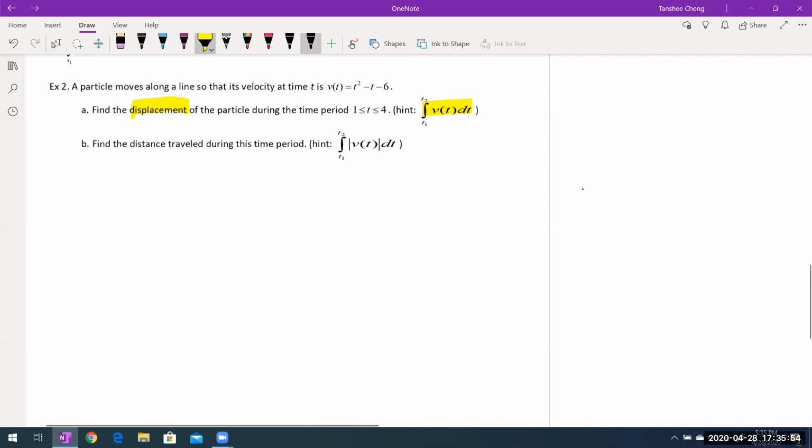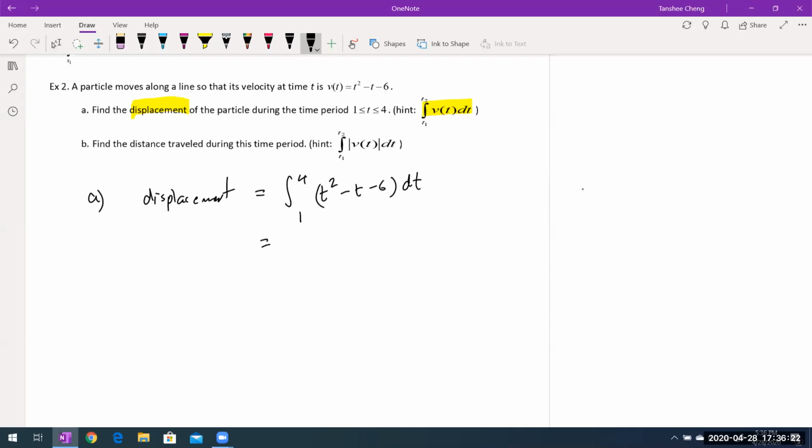So for part A, to find the displacement, that is the integral from 1 through 4 of t squared minus t minus 6 dt.